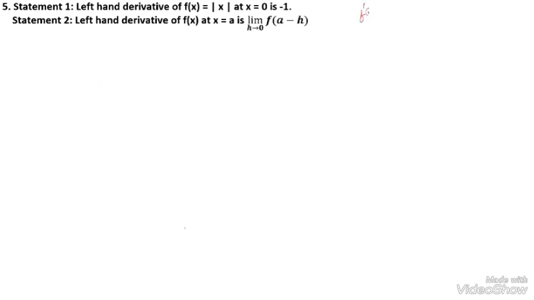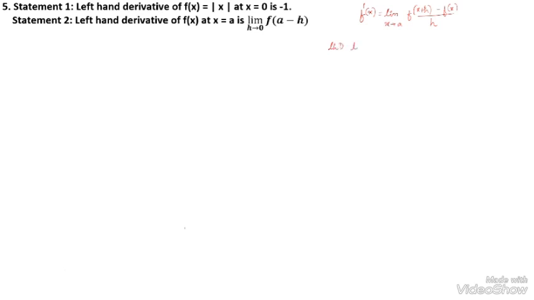F dash of x can be written as limit h tends to 0 of f of x plus h minus f of x divided by h. This is the definition of the derivative function. Here I can take the first statement, the left hand derivative. We have to check the left hand derivative for f of x equals mod x.